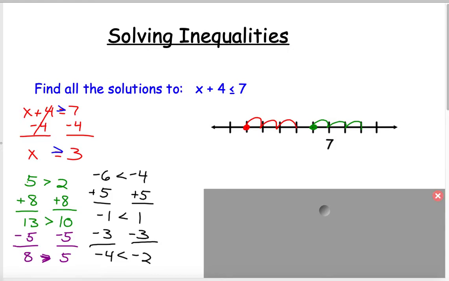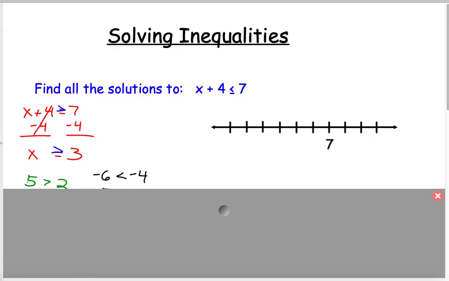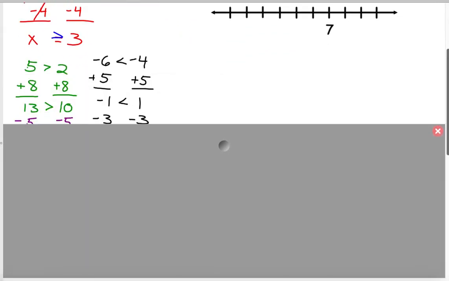And likewise, if I subtract the same amount, the one where the red ends up is still going to be to the left of where the green is. So it seems like it should work that I can add or subtract the same amount to both sides of an inequality, just like I did with an equation, and that would preserve the inequality.